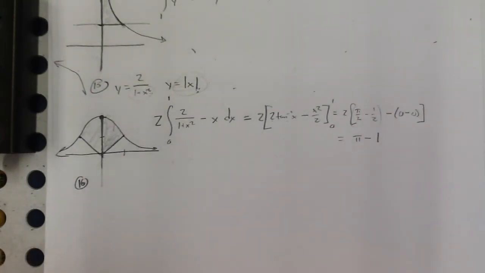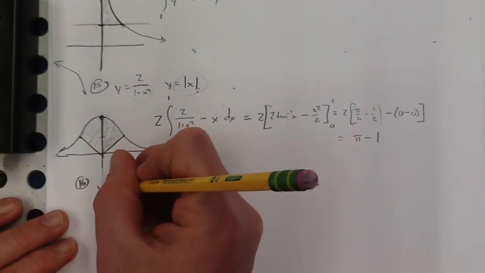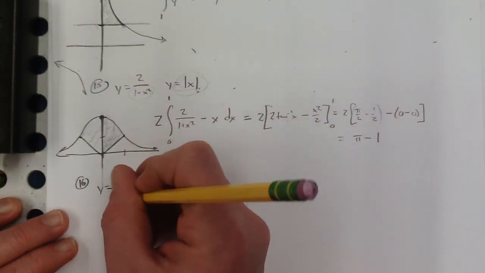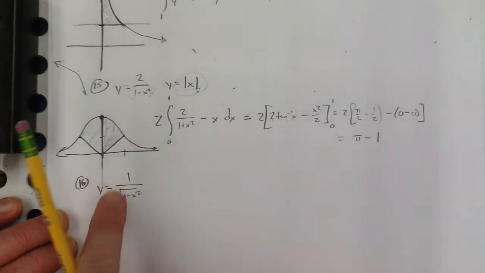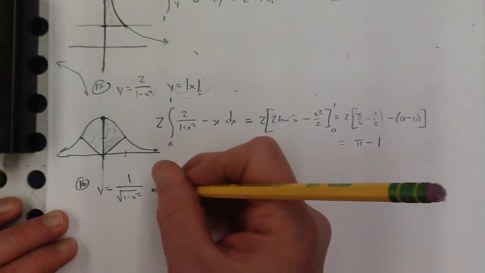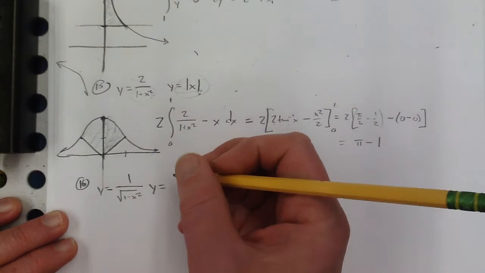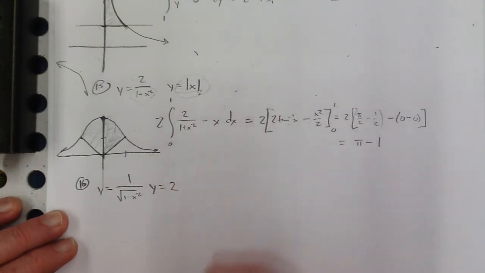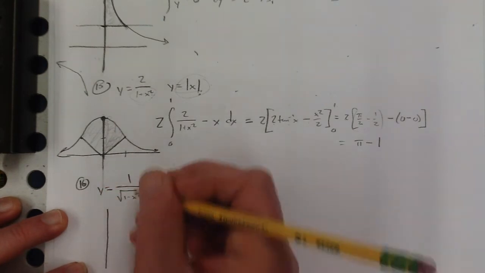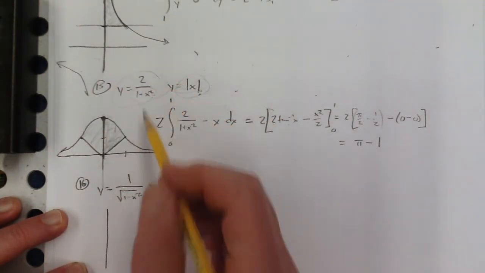Last one, number 16. I have y equals 1 over the square root of 1 minus x squared. Hey, that's the derivative of sine inverse. How about that? What does it look like? Well, let's see. We can kind of puzzle through it the same way we did with this.